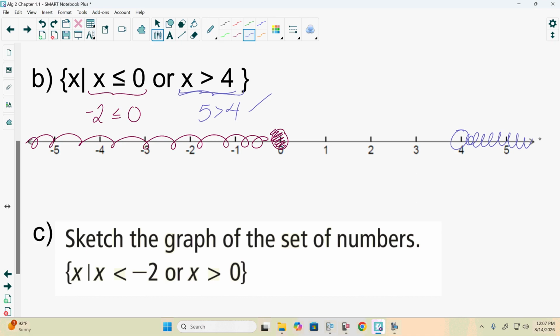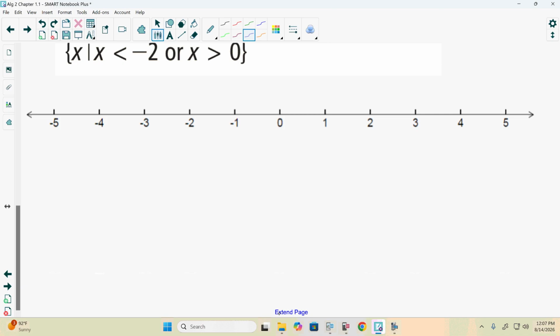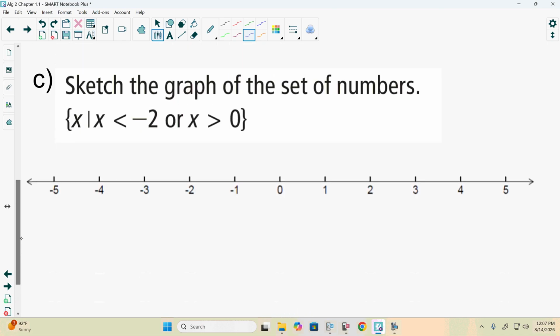Questions on B before we look at C? Sketch the graph of the set of numbers for all real numbers such that x is part of the real numbers such that x is less than -2 or x is greater than 0.